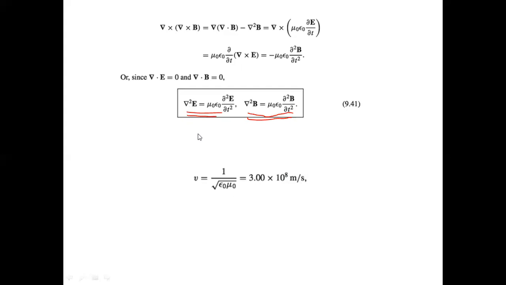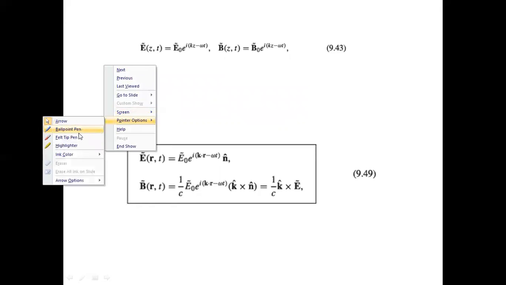Now the solutions to these, so these are differential equations, right? Second order differential equations. So we can take the solutions to be of this form where k is a wave number. We'll essentially make it into a vector eventually, but k is a wave number and it is related to wavelength in this way: k is equal to 2 pi by lambda.